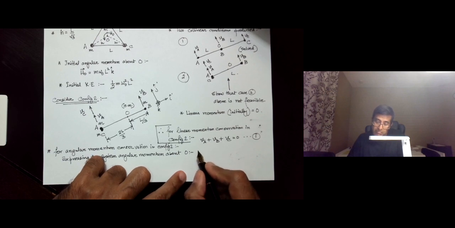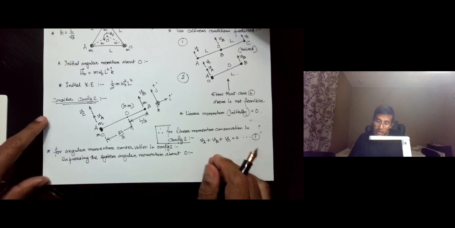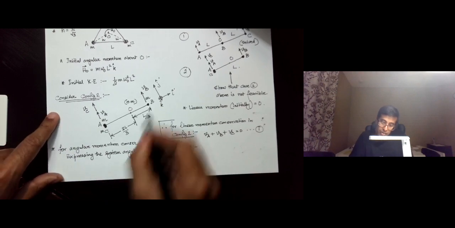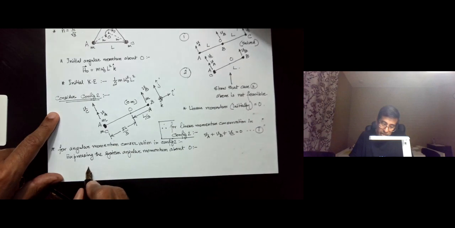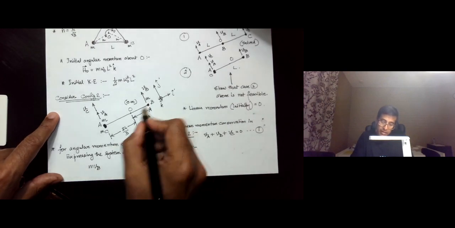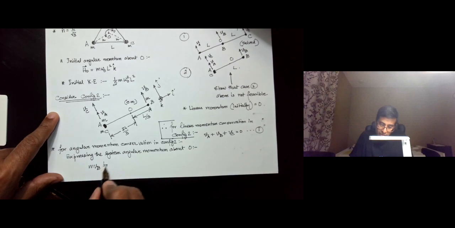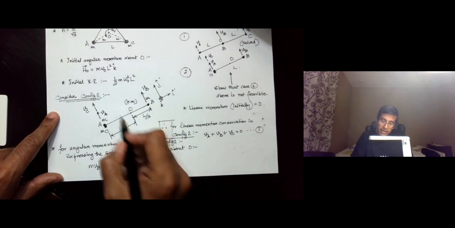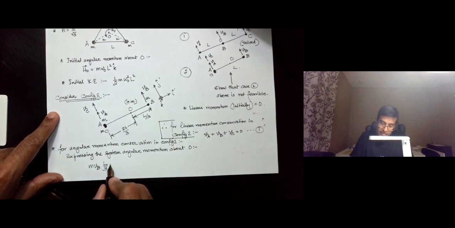So let us write the expression for the angular momentum considering O to be a fixed point, and so you would have the momentum of B is m vB and the moment arm is L over 3, and you can see that this angular momentum has a counterclockwise rotating sense, so it's plus k.